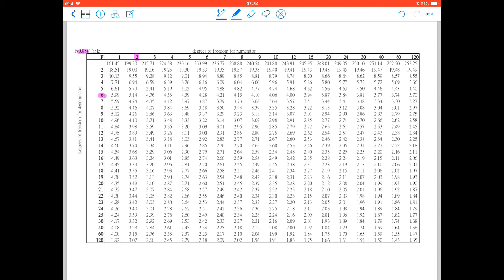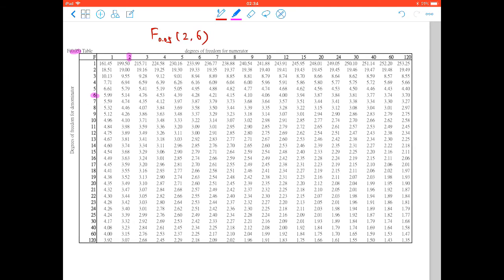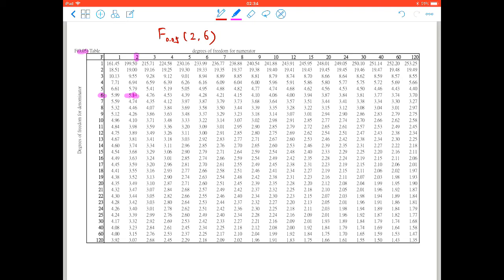Looking up 2, 6 in the F table, we find the number is 5.14. That means the critical value is 5.14.